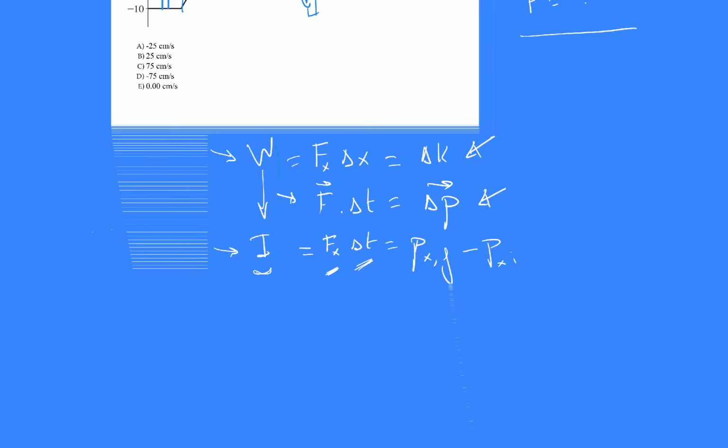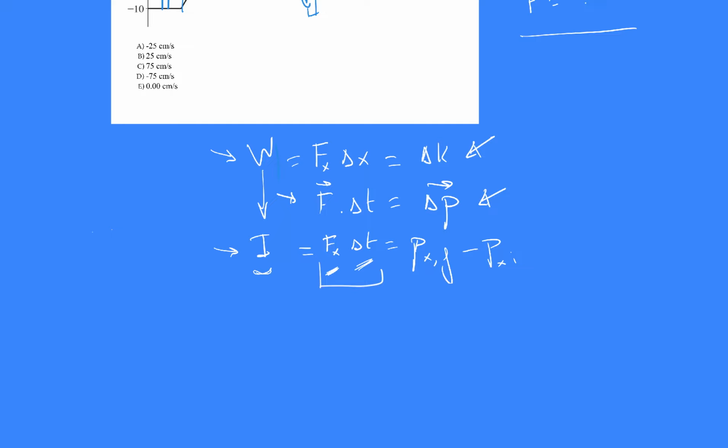So you will say, okay, the force Fx, the total impulse, is the area. So the area below this curve is mv final in the x direction minus mv initial in the x direction.